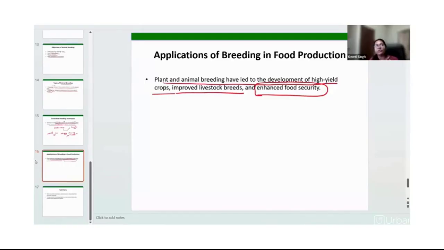If we are going to increase the nutrient content of a particular food, even if the food is taken in very small amounts, we can fulfill our requirement, right? So all these techniques are used to enhance food production.